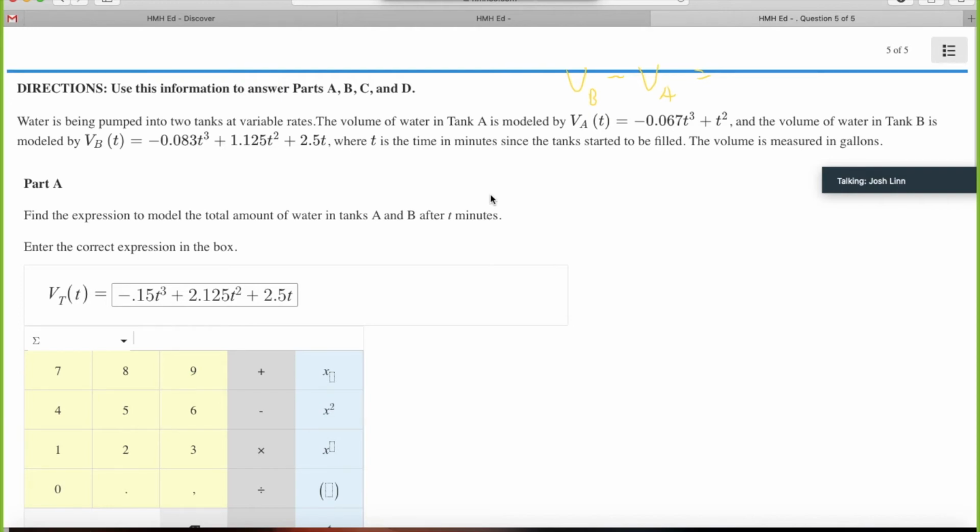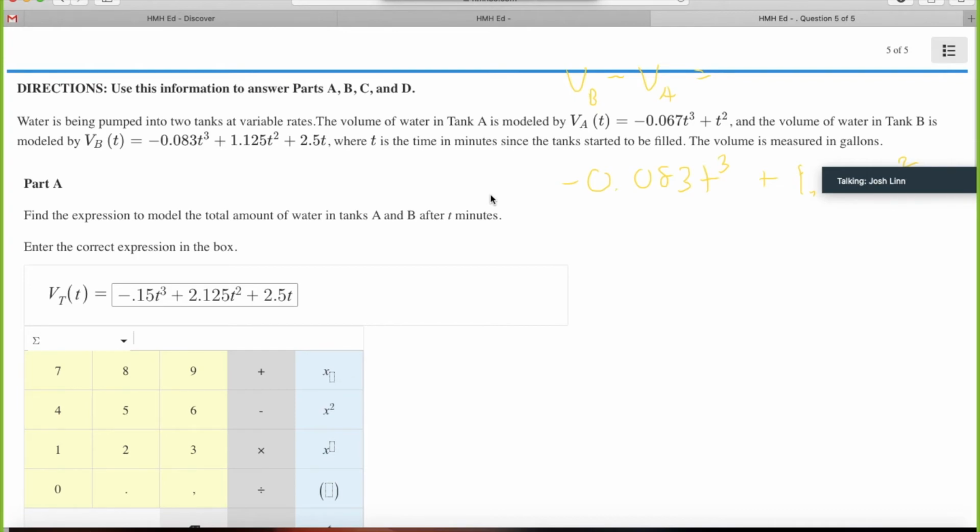So I'll do this one vertically. Negative 0.083 T cubed, 1.125 T squared, 2.5 T, almost running out of room.